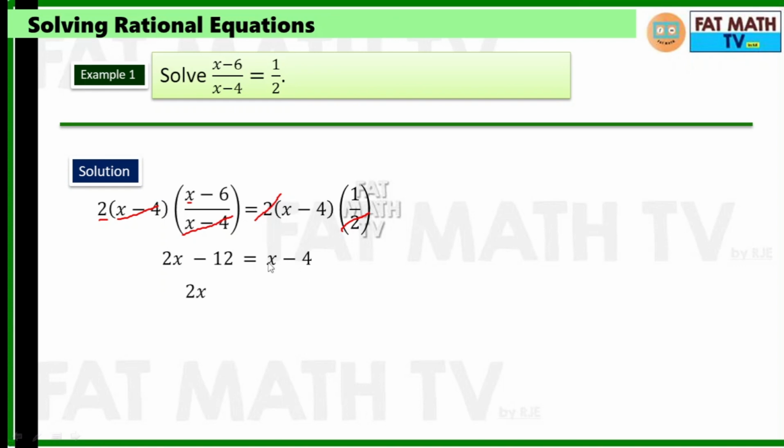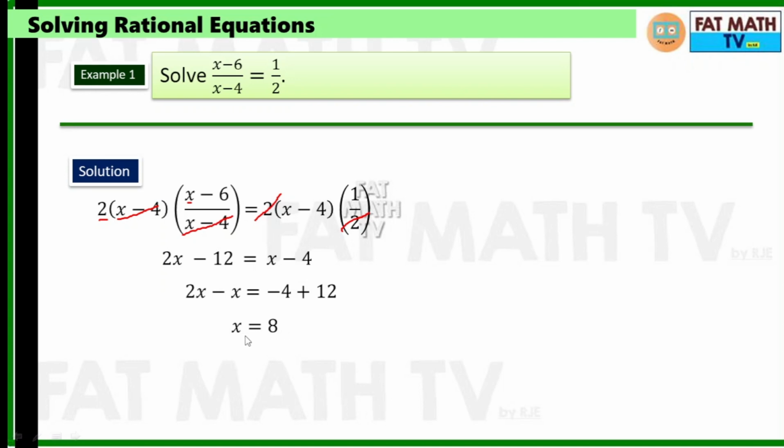Copy 2x, and then we have minus x, since this positive x is transferred to the left side, equals copy negative 4, and negative 12 goes to the other side, which becomes positive 12. Then simplify each side. 2x minus x is x, and negative 4 plus 12 is positive 8.